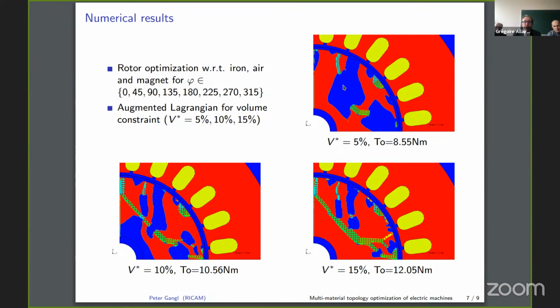By the way, Peter, don't you expect that because you have just one position of the rotor, when you have many positions and do the optimization of the average, the design will probably be much smoother than now? Don't you expect that? Yes, that can be.